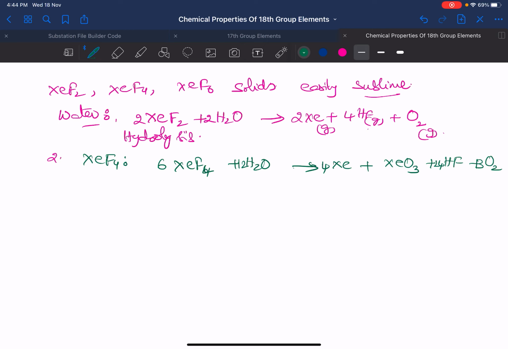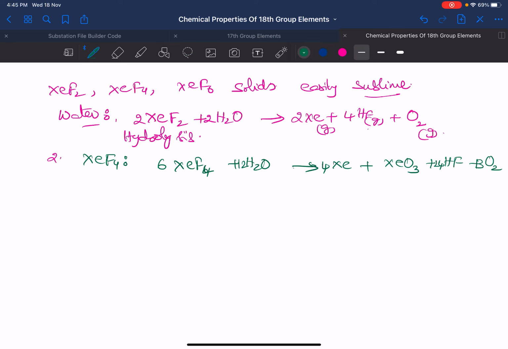So these are the main products given by xenon tetrafluoride on hydrolysis. So here we have a new compound, that is XeO3.